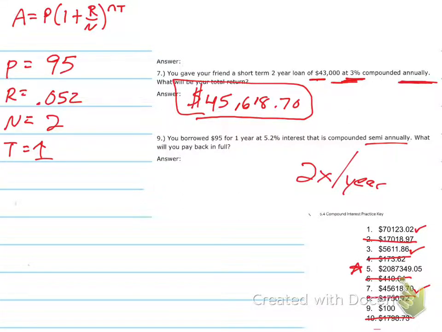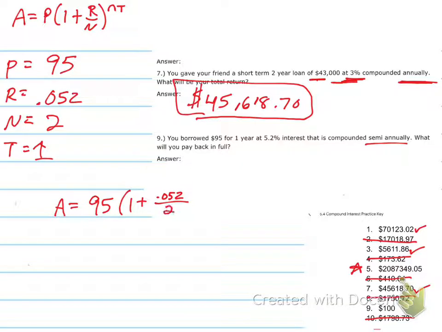Knowing that, I'm just going to plug stuff in. And when I plug stuff in, I get what I'm looking for as my return is equal to 95, my initial payment, times 1 plus r, which is 0.052 over the number of times, which is 2.